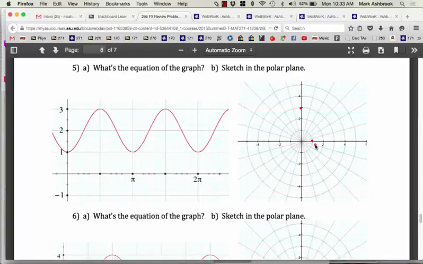And it's going to increase. You can kind of think about looking at each of these radial lines. You're going to be farther down each radial line than the one you were before, because r is increasing to 3. So maybe something like this.